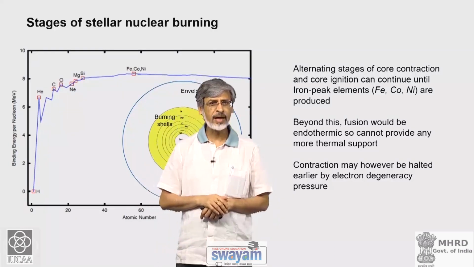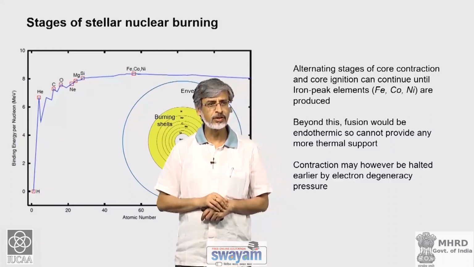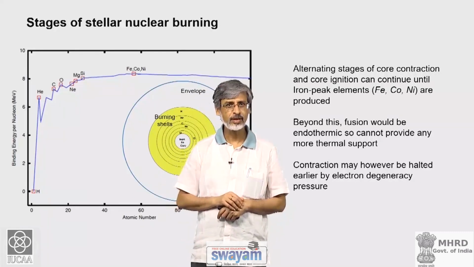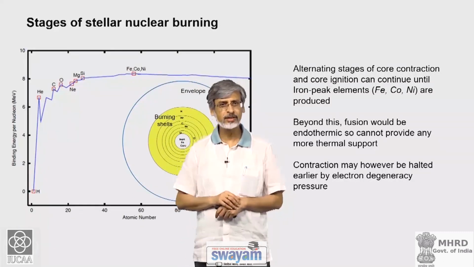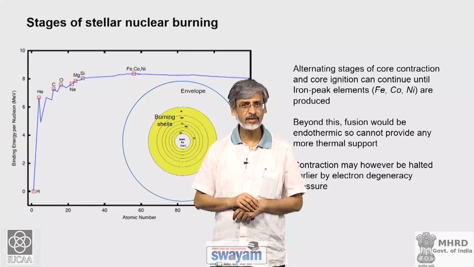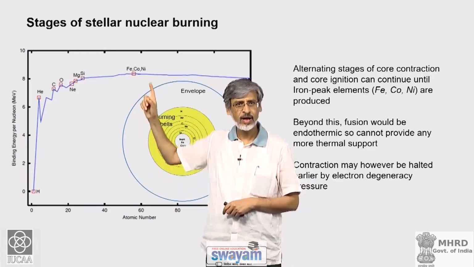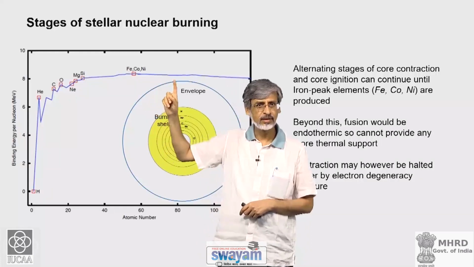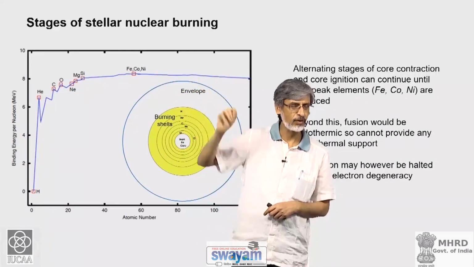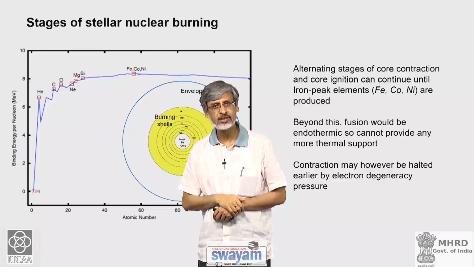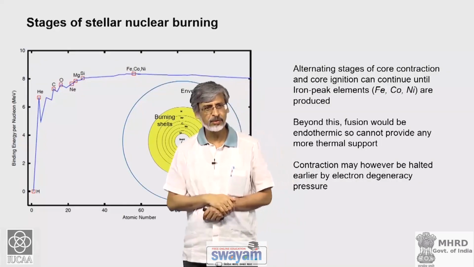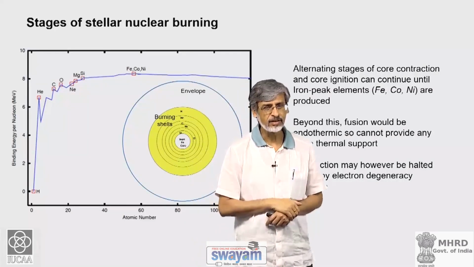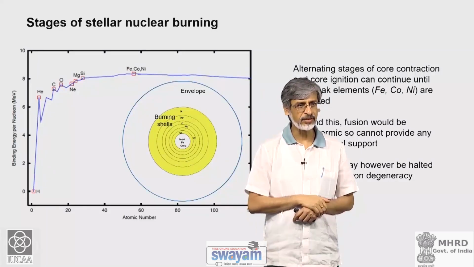So, up to that point, the nuclear fusion continues to be exothermic, but if you look at the binding energy curve carefully, you would see that after iron, the curve is sloping down over here, which means beyond iron, if you try to fuse nuclei, that would become an endothermic reaction.